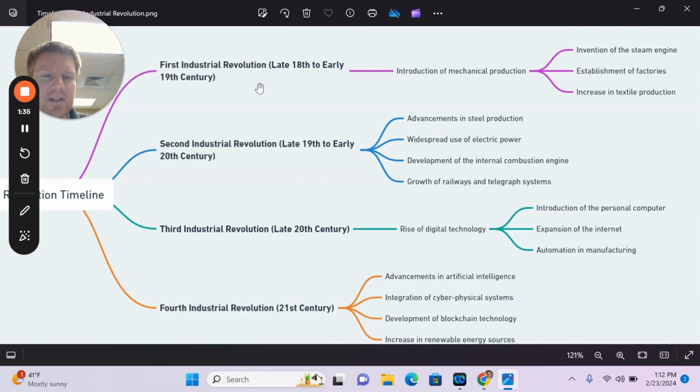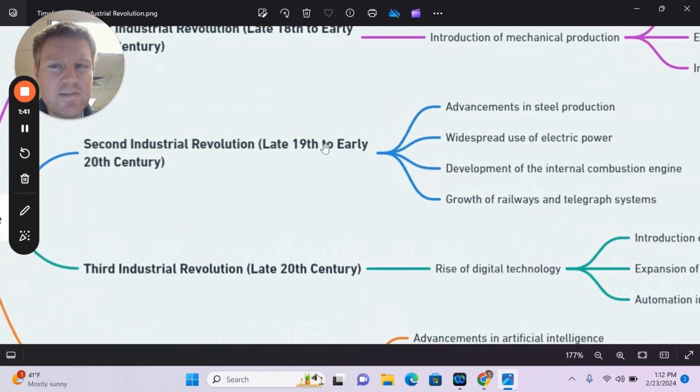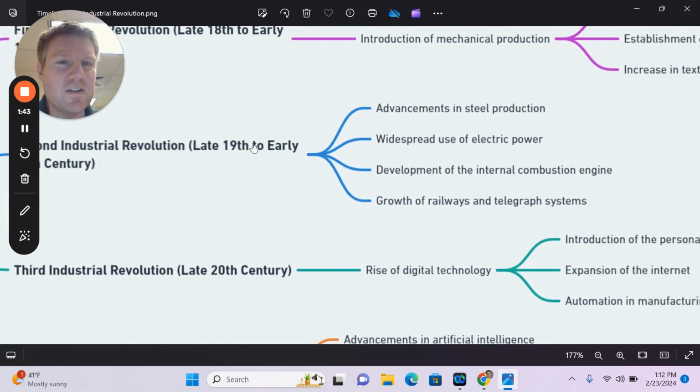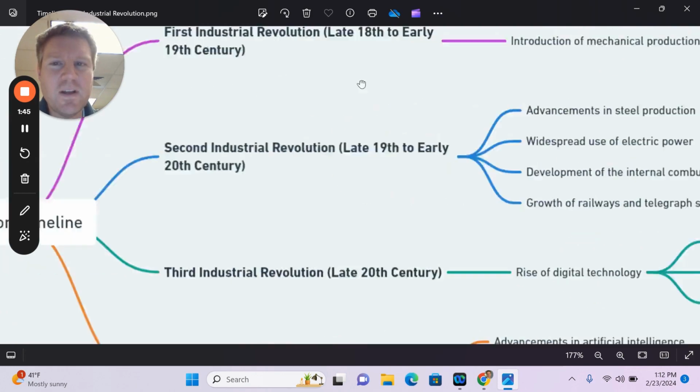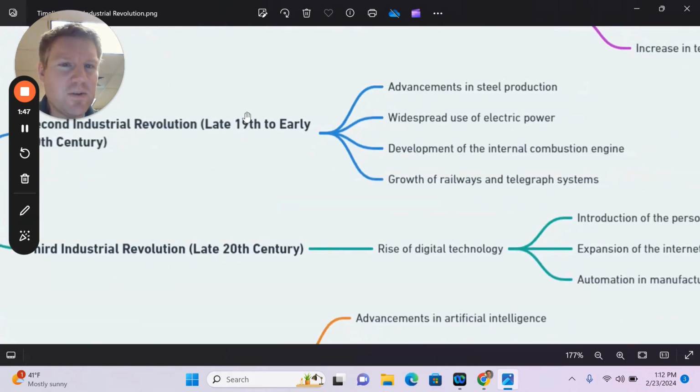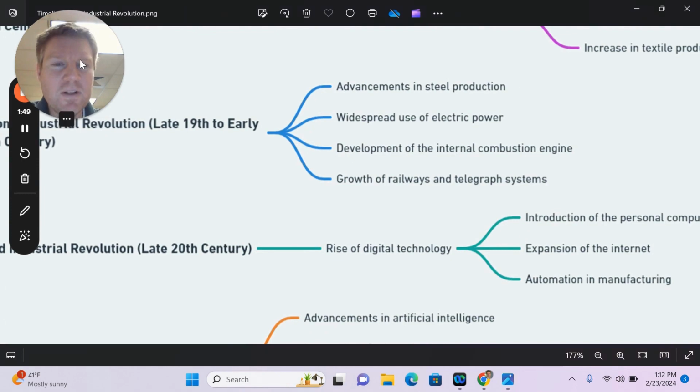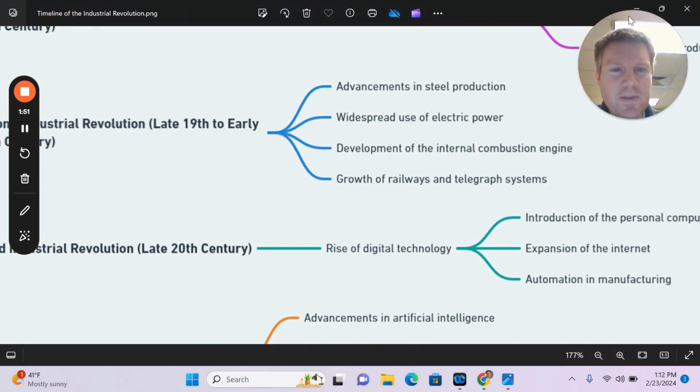And it will go all the way until the early 1900s when we reach our second industrial revolution, late 19th century, early 20th century. And in this one, you have advances in steel production, which will lead to skyscrapers and more stable structures, better railroads, automobile parts, just any kind of components that require strong, high-strength steel.